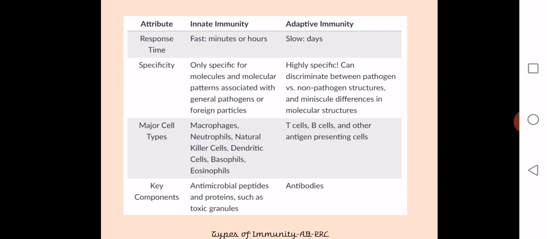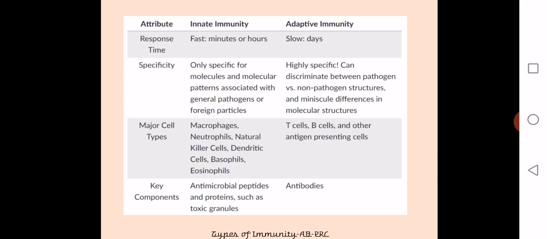Before that, let's have a clear distinction between innate and adaptive immunity. In terms of the response time taken by the immune system, innate immunity is a comparatively faster response, taking minutes to hours compared to several days for adaptive immunity. For specificity, innate immunity is less specific compared to adaptive immunity.